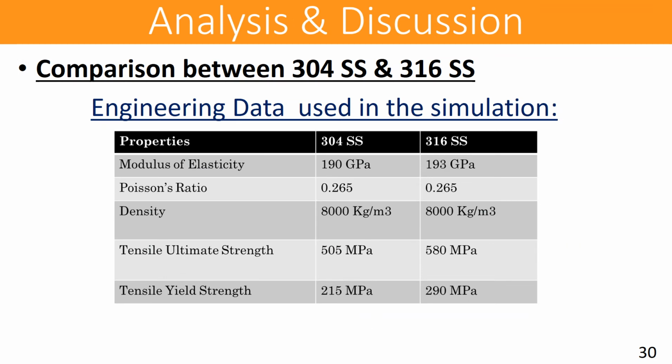For the analysis and discussion part, I would like to start with the comparison between the 304 stainless steel and 316 stainless steel cube blocks. As I was designing in ANSYS and Design Modeler, in ANSYS we can incorporate the engineering data.